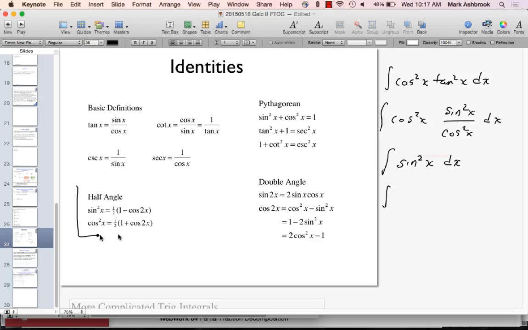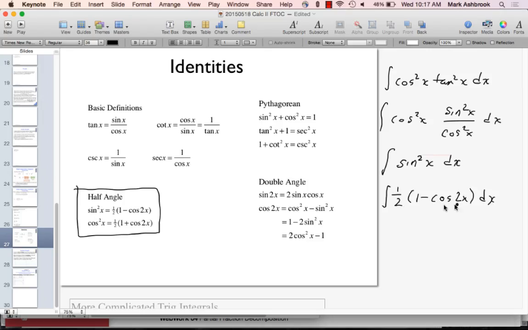Half angle formula. There's just a basic fact that you have to remember and be on the lookout for. If you ever have just plain old sine squared or cosine squared, it's the half angle formula. It shows up all the time. So we're going to write that out. 1/2, 1 minus cosine 2x, and then it's easy.